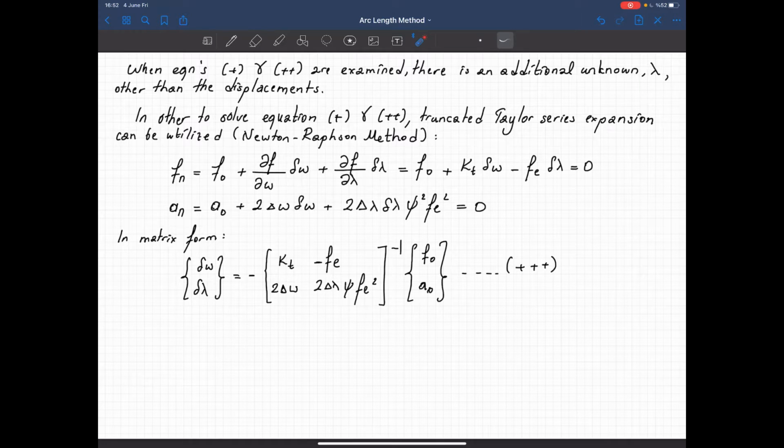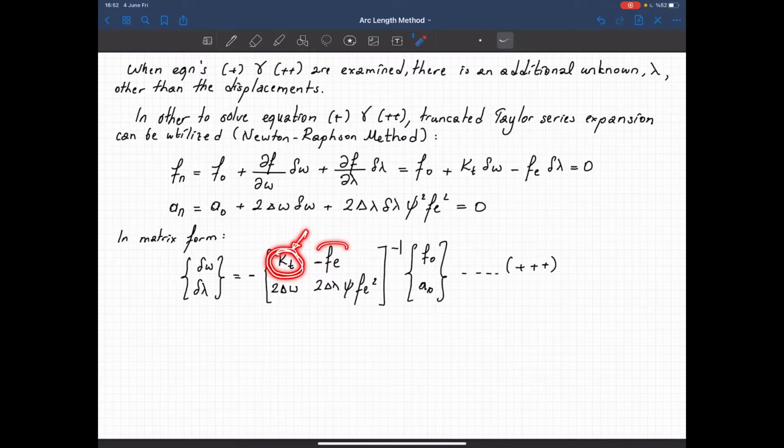Now, it looks nice, but there are some issues. The first issue is how do you calculate A0 at the beginning of the iteration? The other thing is, the KT matrix, we know that it's a symmetrical matrix and it can be a banded matrix, okay? It's not a full matrix.